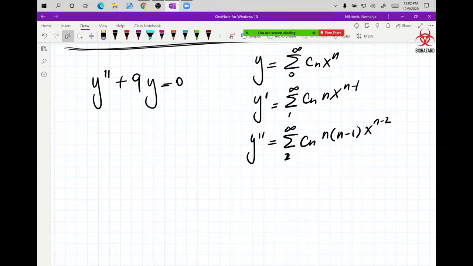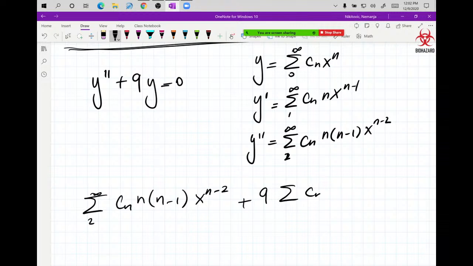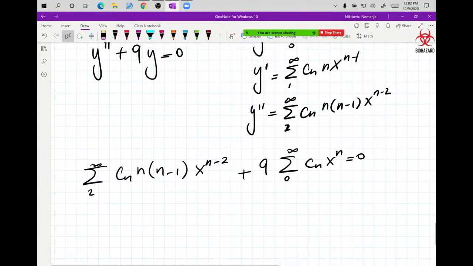So this is what we have, and now we plug everything in. And this is not going to be any different than the previous example. The Cn's are going to work out a little bit differently, obviously, but not a big deal. N minus 2, and you're going to have plus 9 summation Cn x to the n equal to 0. So now, when we shift the counter, it will add 2 to all of these.